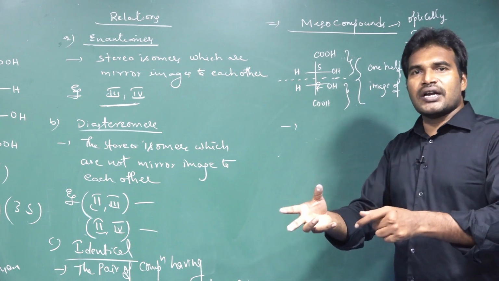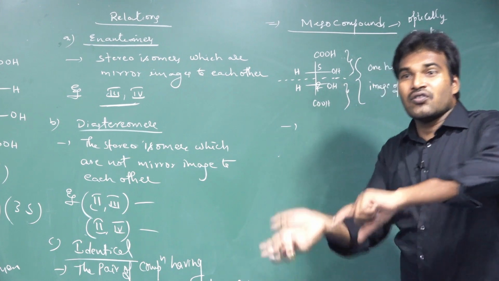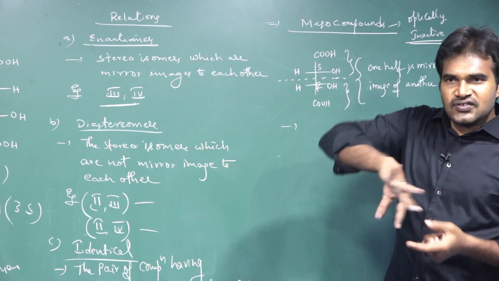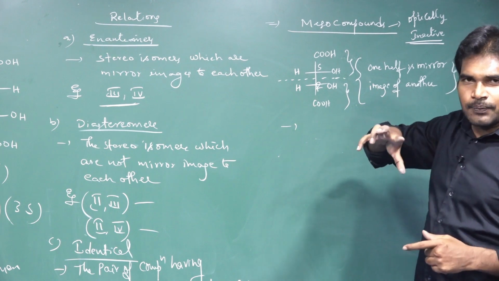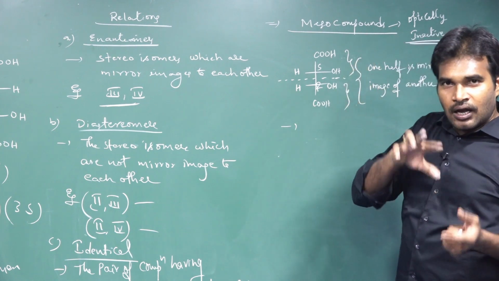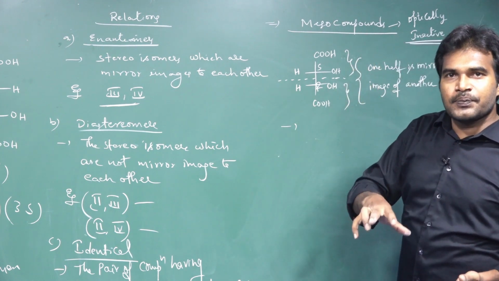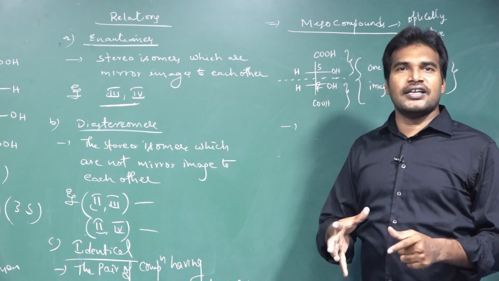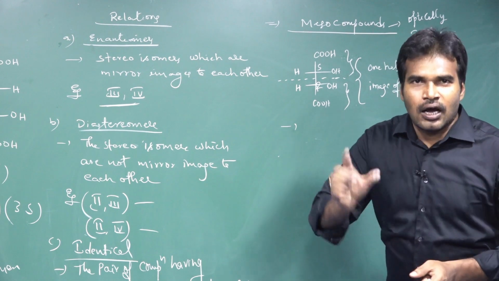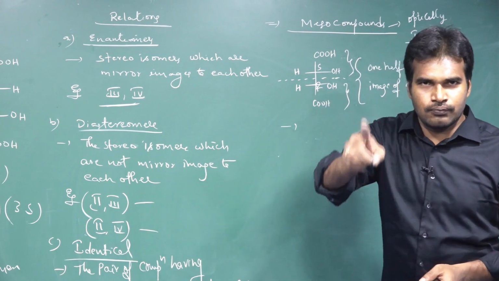S means it rotates the plane polarized light to the left side. R means right side. So half the body bends the plane polarized light to the left side, and the other half bends it to the right side with equal magnitudes. So finally both are cancelled together. The ultimate final result is 0.